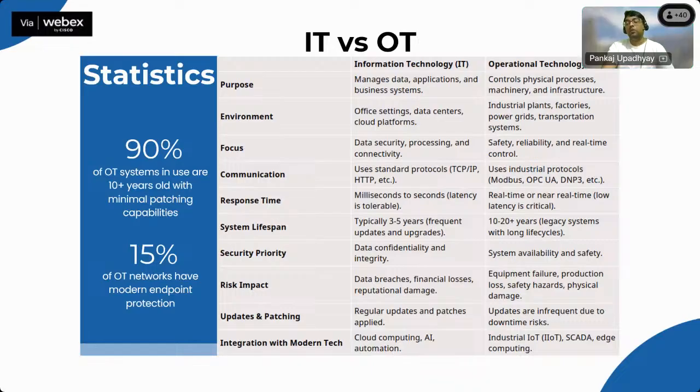But it's not possible in OT because they have to stop the complete operation just to do that, and if something goes wrong, it will disrupt the environment. So it's very tough to apply patches in the OT environment due to the downtime risk. But in IT, we can regularly update and apply patches.